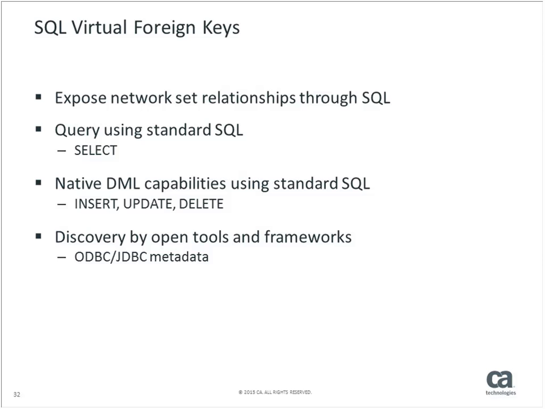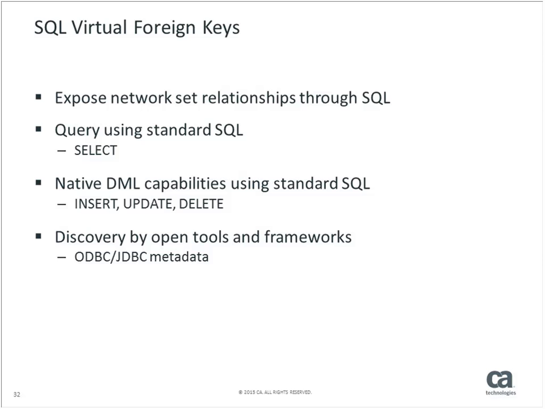As those of you who have tried to use SQL working with network databases are aware, because the network model is a superset of what you can do with relational databases, there are some extra techniques you need to use in order to access network databases through SQL.